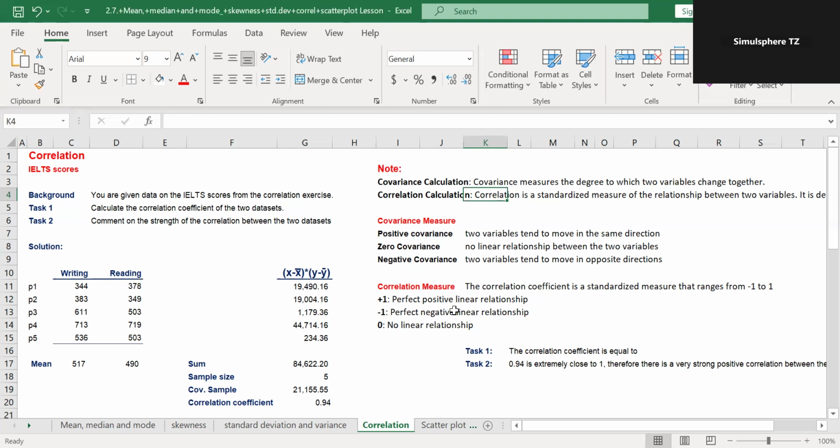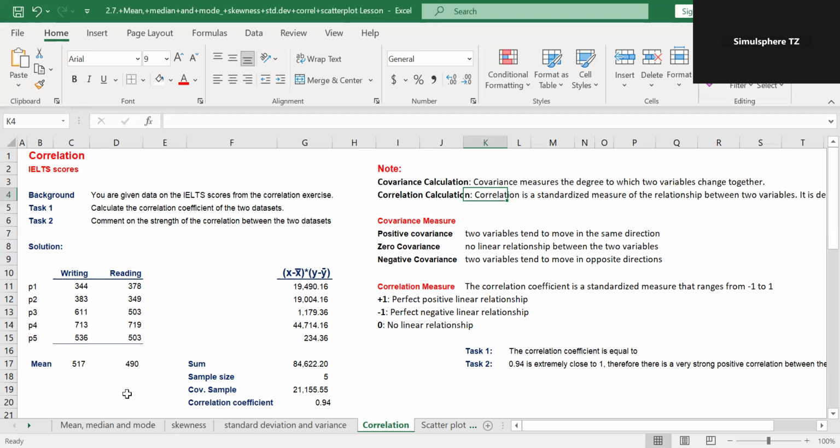So what that simply means is, while one of the data is going up, the other is probably going down. In this case, we are talking about IELTS scores. So what that could simply mean is if the scores for writing range high, then maybe the scores for reading range very low. That's for a negative linear relationship.